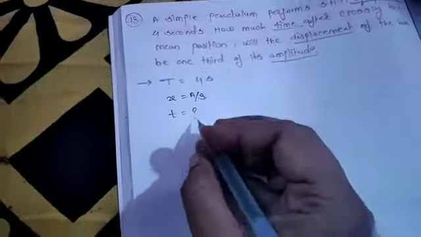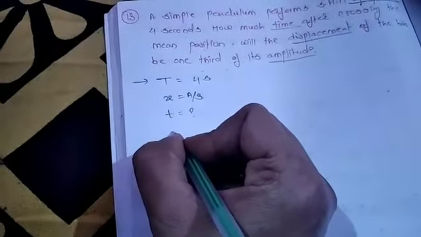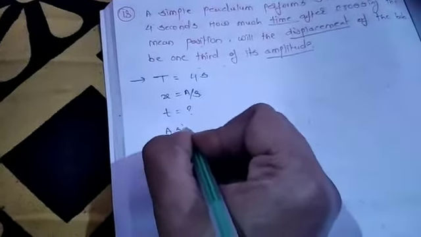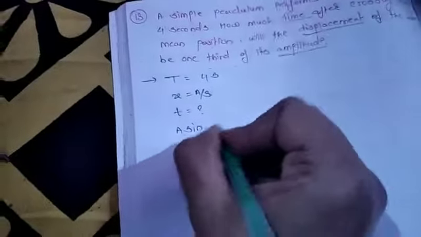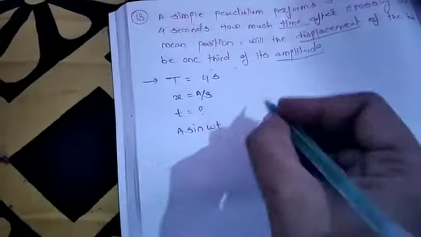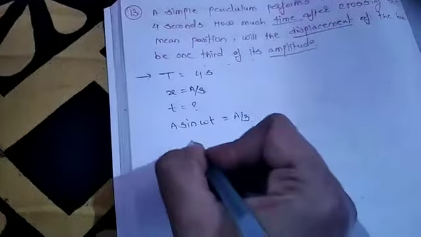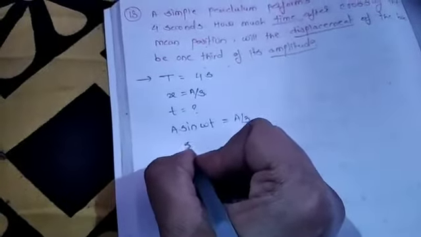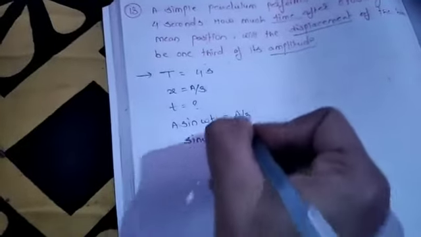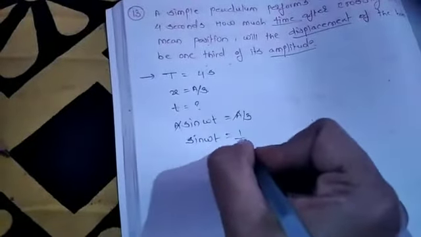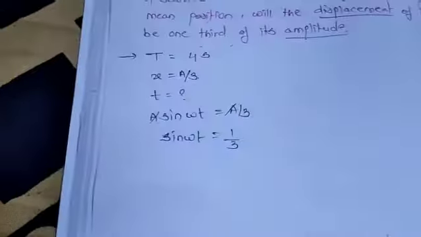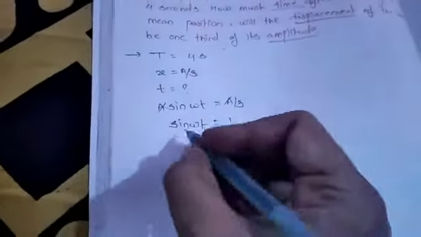So here we have the formula for displacement: a sine of omega t is equal to a by 3. That is, we can have sine of omega t equal to 1 by 3.